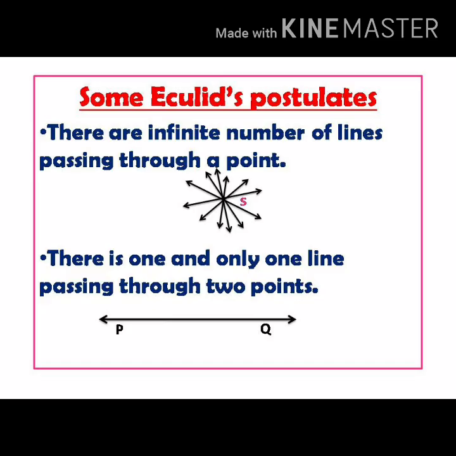In the figure, you can see through point S you can draw infinite number of lines. Second postulate: there is one and only one line passing through two given points. In the figure, you can see one and only one line passing through points P and Q.